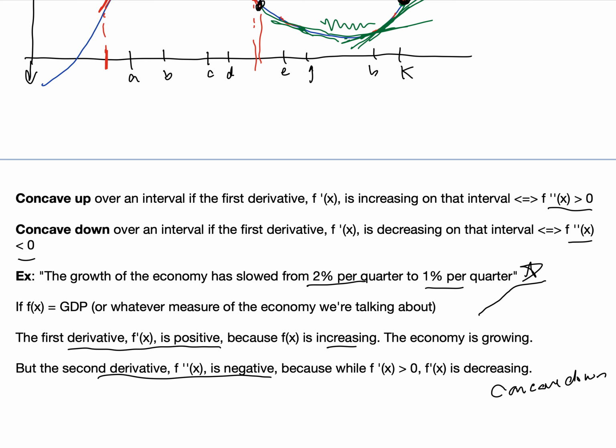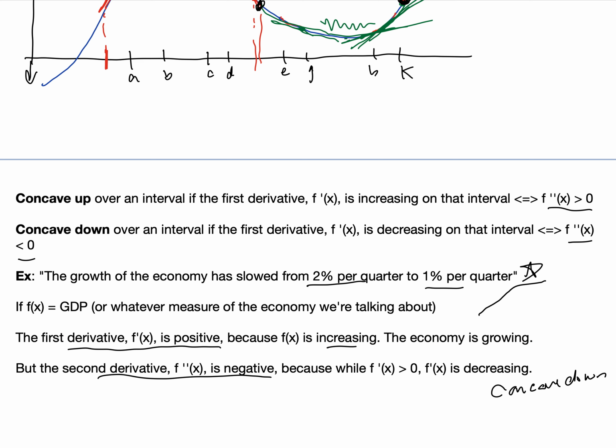Here's a graph of retail sales over a period of time from the U.S. Census Bureau. Let's just look at a couple situations. So for example, in this little interval, we're increasing and concave down.